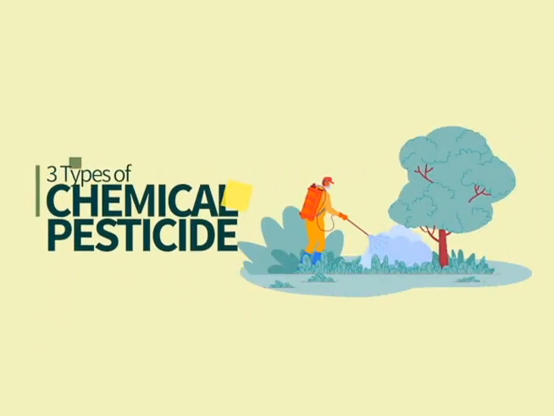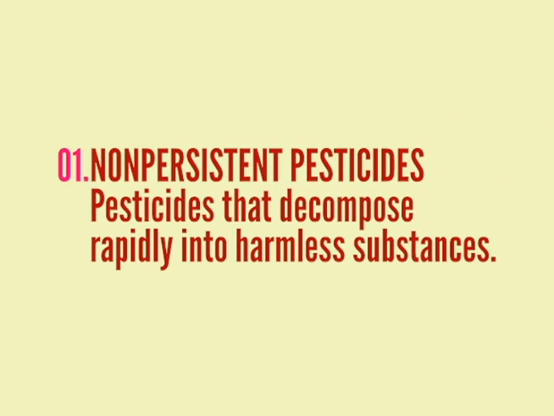There are three types of chemical pesticides according to how long these chemicals take to decompose into harmless substances. Number 1, non-persistent pesticides. These are pesticides that decompose rapidly into harmless substances. Examples of this type of pesticide are the organophosphate insecticides.